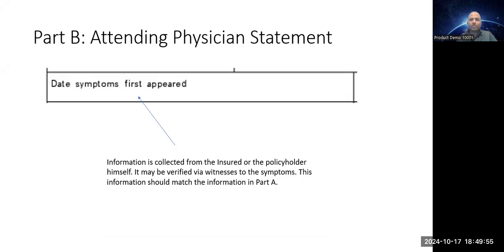So this information should match the information in Part A as well. The reason why this information is important is because of your pre-existing conditions. There are certain rules and restrictions when it comes to pre-existing conditions for certain disability policies as well as travel insurance.